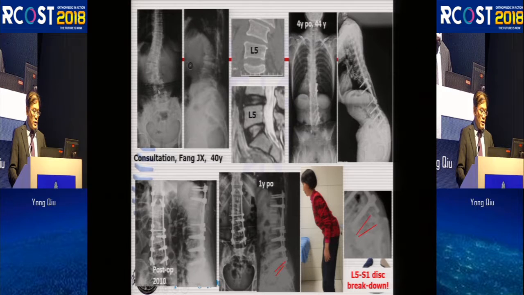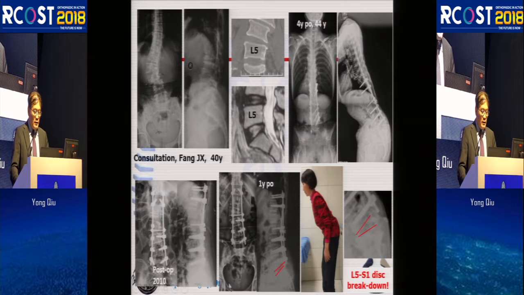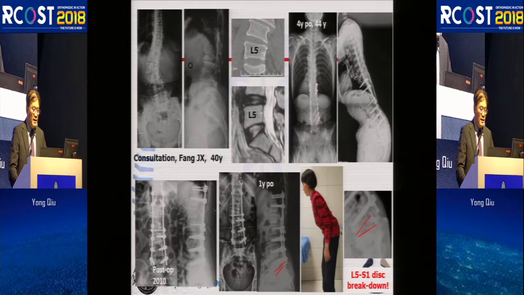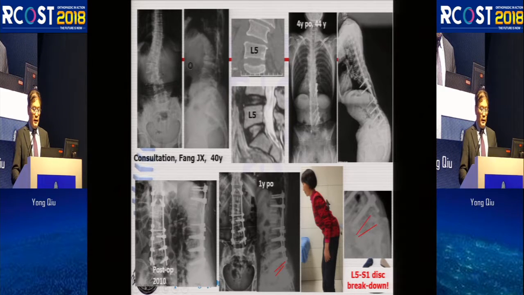Here's another patient operated on in a local hospital. This is her initial X-ray film, degenerative scoliosis. We don't have her immediate postoperative X-ray films, but at 1 year follow-up, it looks good. But at 4 years follow-up, you can see the patient presented with severe sagittal imbalance. This is very strange in this patient.